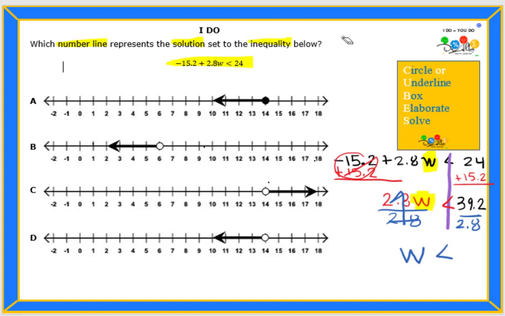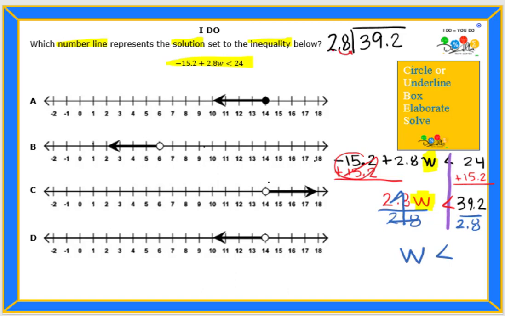Okay, and now we have 39.2 divided by 2.8. So let's use our space here. Remember our rules for dividing. If I have 39.2 and I want to divide that by 2.8, we cannot divide when we have a decimal in our divisor. We have to move that decimal. So we're going to move it all the way to the back so that we can turn this into 28, a whole number.